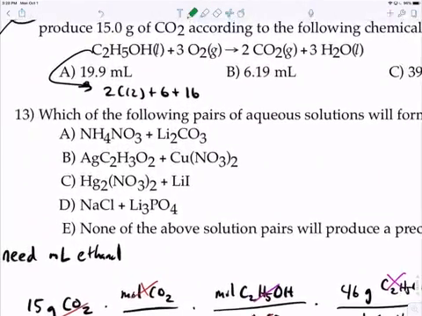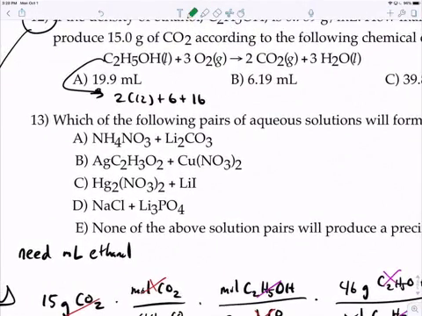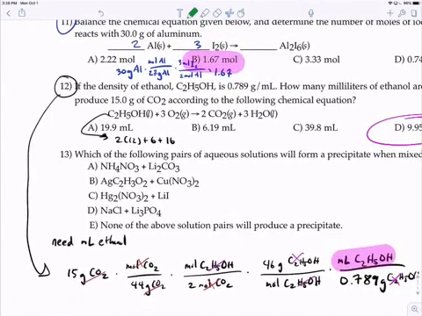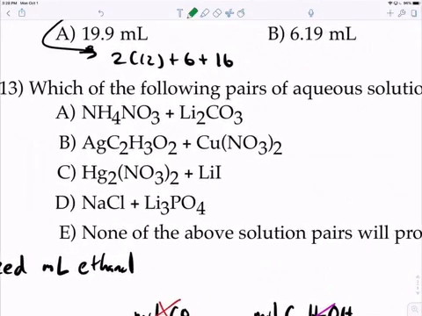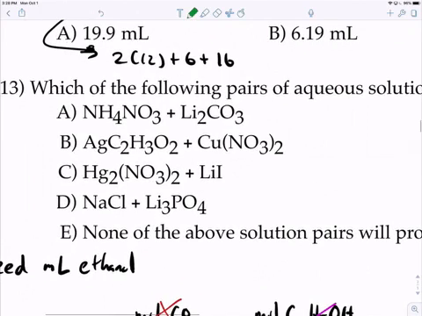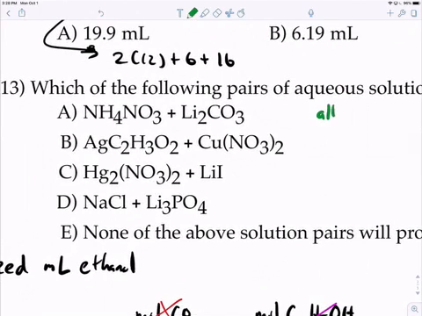Okay, which of the following pairs will form a precipitate when mixed? So you'll get the chart, of course, and in the chart, all alkalis and all ammoniums are soluble.